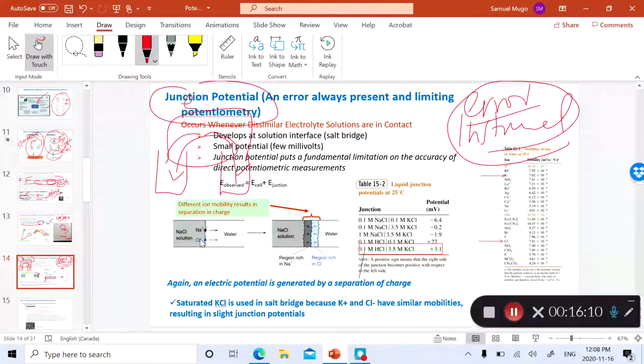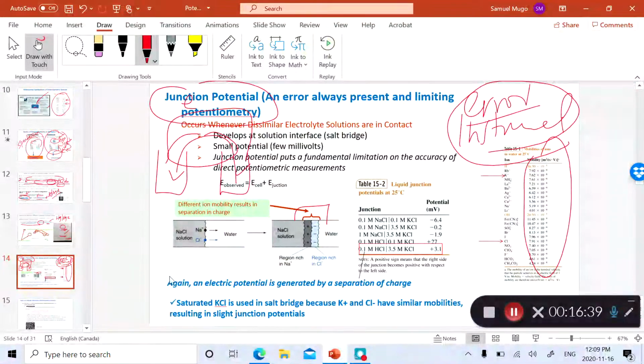Because of that, ions have different electrophoretic mobilities, as you can see in this table. As such, some ions move faster than others, and they create what you call a charge barrier, which is a charge separation.